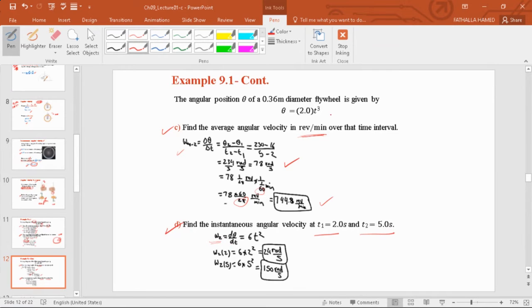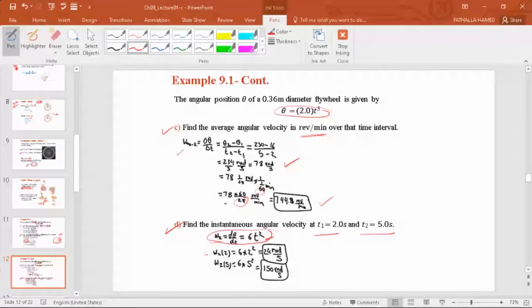So you're going to differentiate theta with respect to t. So you have t cubed here. And the differentiation of t cubed will be 3t squared. And you have a 2 here. So 2 times 3 will give you 6. So it's equal to 6t squared. And that's now your instantaneous angular velocity.